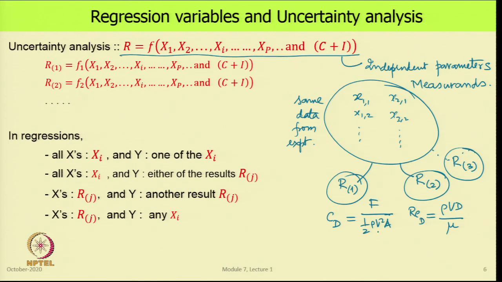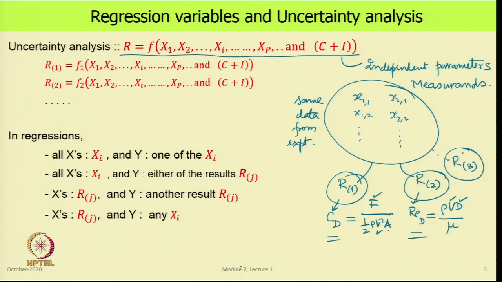In the experiment, we measured velocity, we measured area, which also gives the diameter, and we measured the force. From the same data set, we took rho, v and d and got drag coefficient. We took only v and d and got Reynolds number. So, we could think of drag coefficient as result formula number 1 and Re_D as result formula number 2.